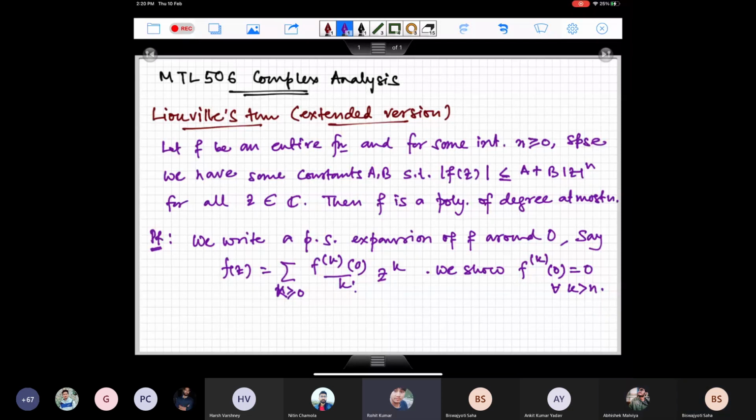Okay, so now as you have already seen, I'm just going to use the Cauchy estimate.